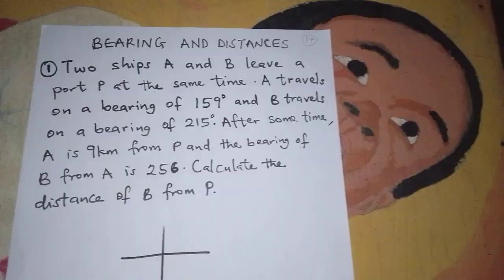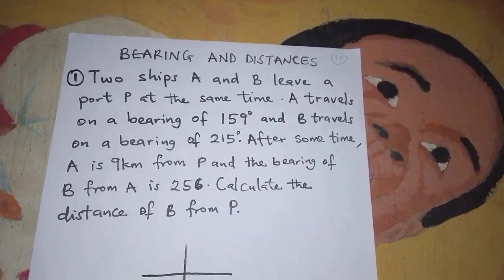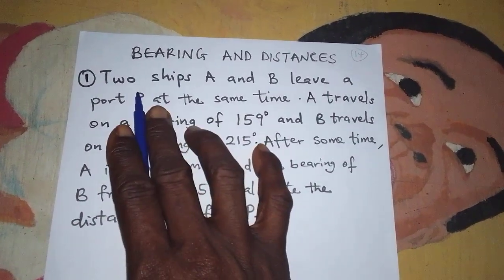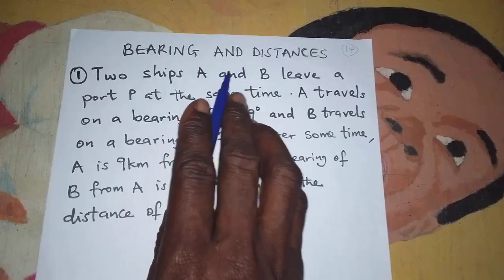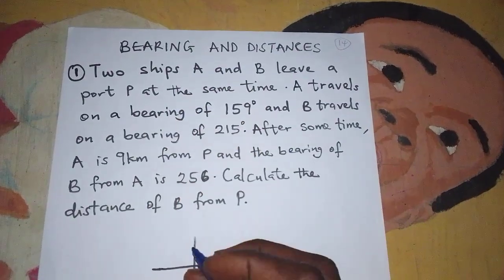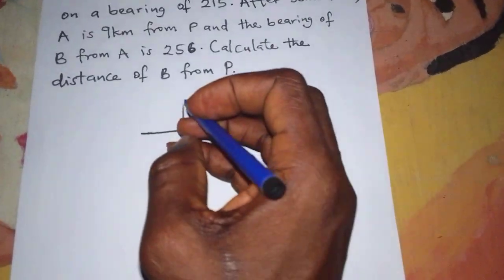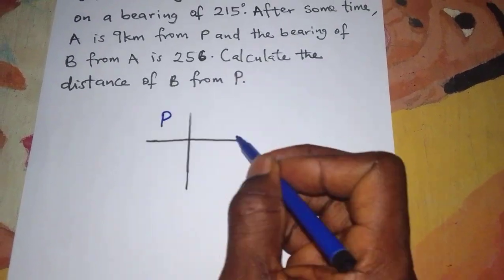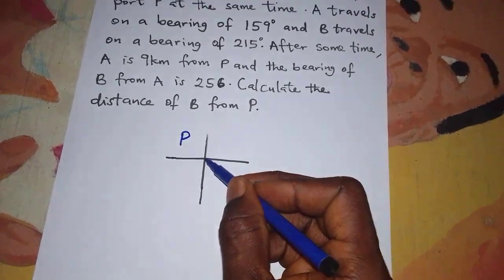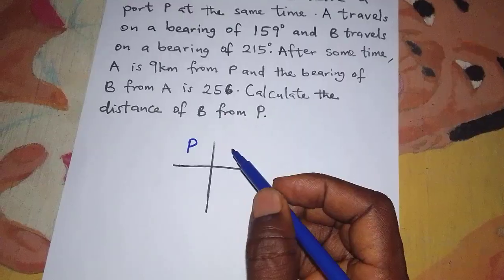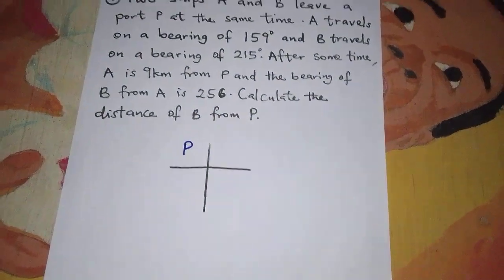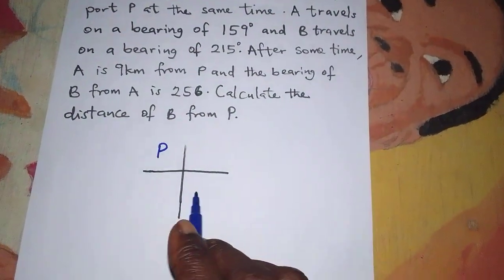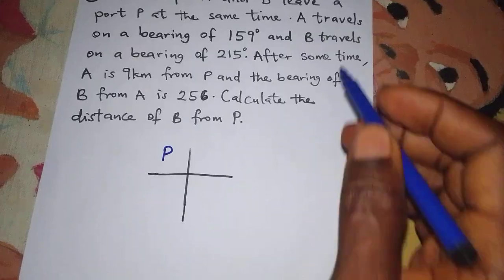So first of all, let's look at the two ships A and B leaving a port. Assuming this is the port P, you draw the 4 cardinal points at the port. Two ships A and B leave port P at the same time.